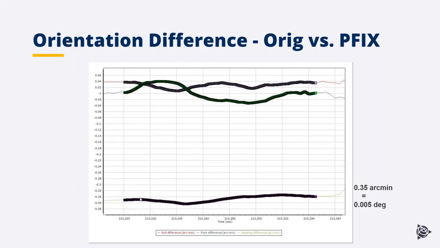So for example, for heading, we see quite stable difference, not a huge one in this case, not even really a significant one, of 0.005 degrees roughly. But in some other cases, this might be much bigger, even at degree level, in very bad cases.